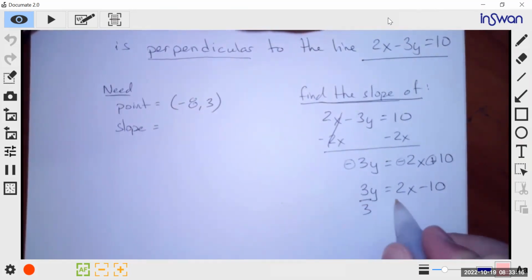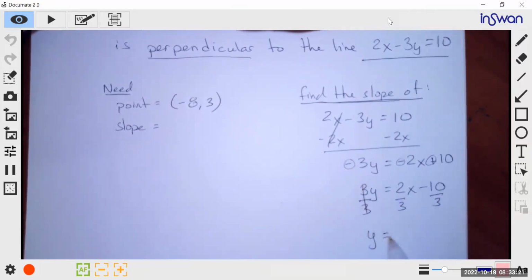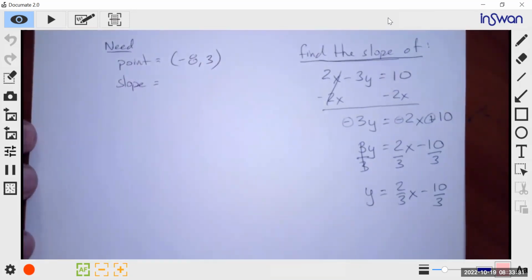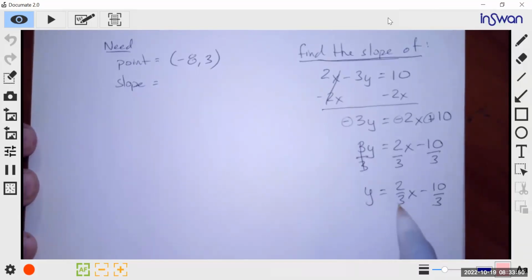And divide by 3 each term. So this is the line.